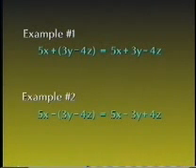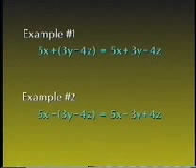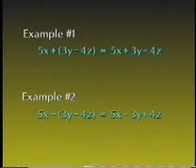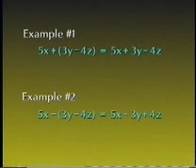If parentheses are preceded by a positive sign, they can be removed without changing the signs of terms inside. If preceded by a negative sign, remove the parentheses by changing the sign of every term within the group. It is much like multiplying a group by +1 or by -1.